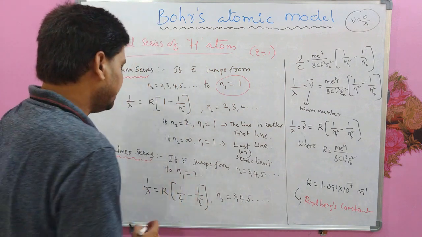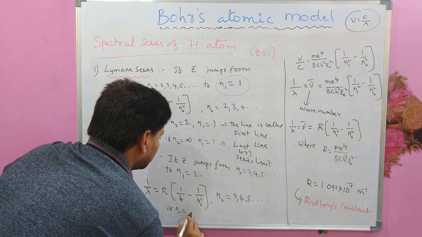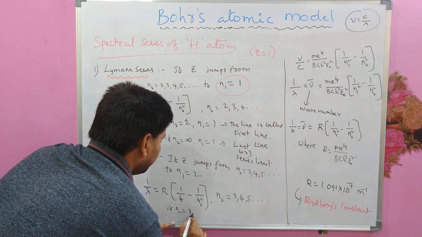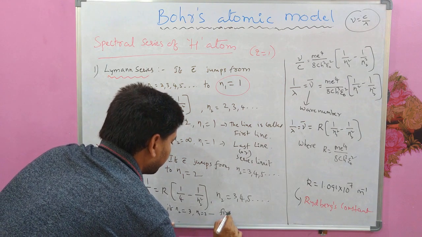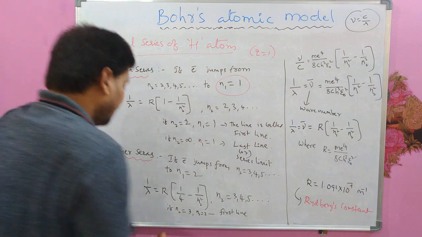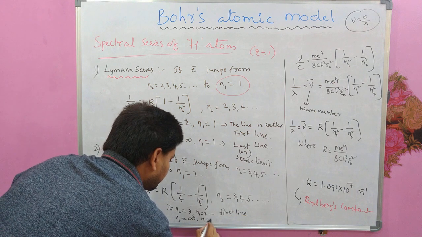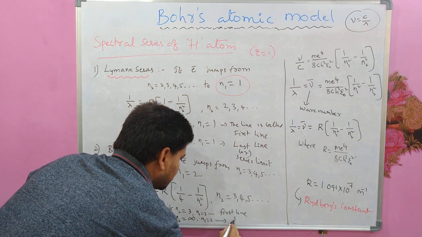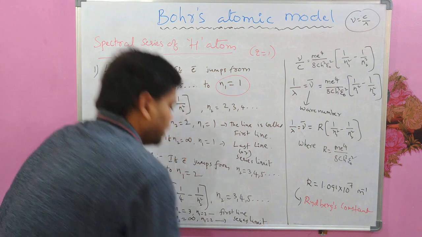And similarly here, if N2 equal to 3 and N1 equal to 2, it is the first line. And if N2 equal to infinity and N1 equal to 2, this is called the series limit or last line.